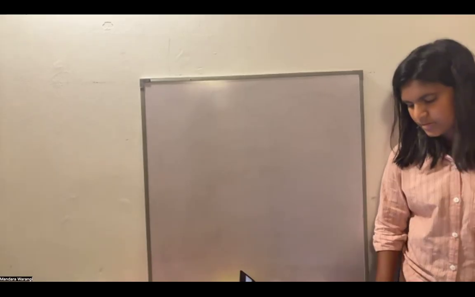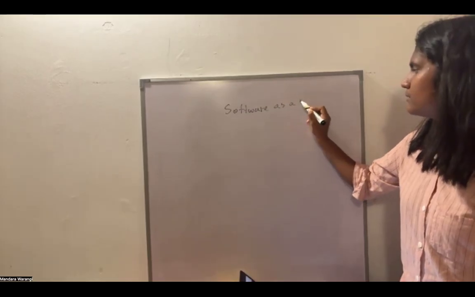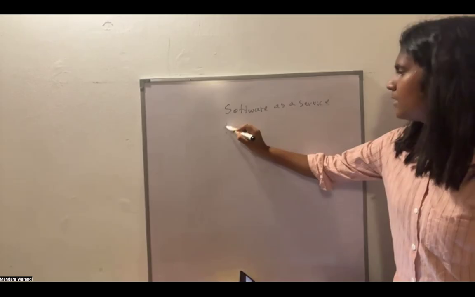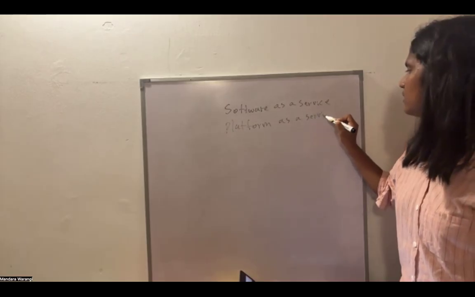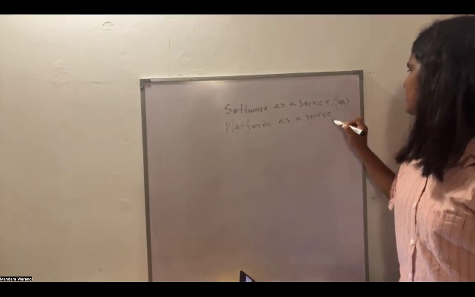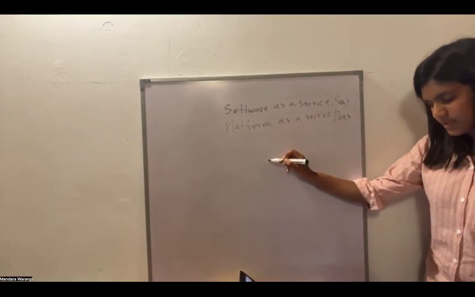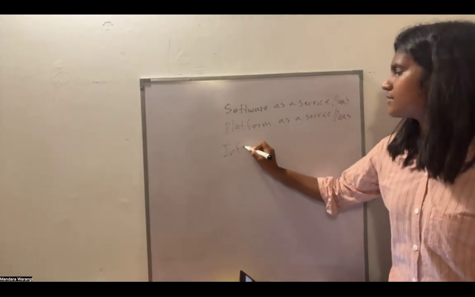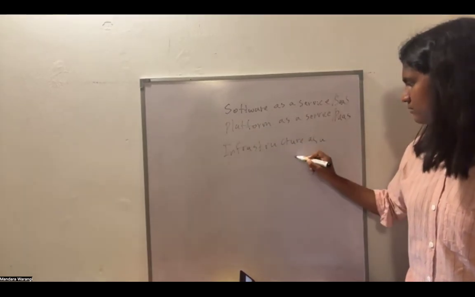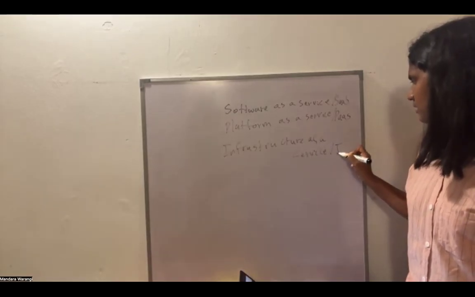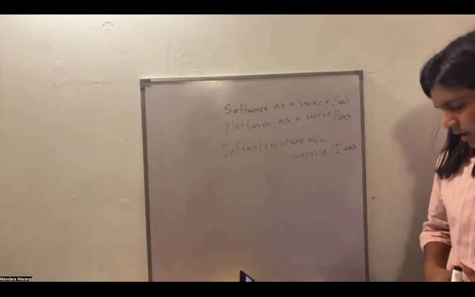There are 3 main service models: software as a service, SaaS; platform as a service, PaaS; and infrastructure as a service, IaaS.